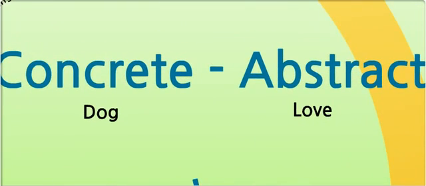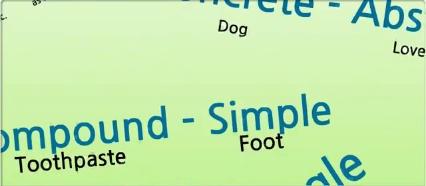We also have concrete and abstract nouns. Concrete nouns talk about things that you can perceive with your senses, things you can touch, smell, see, feel. And abstract are those things like feelings, like thoughts, that you cannot actually perceive by your senses.